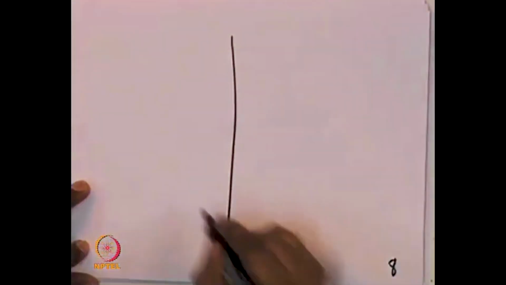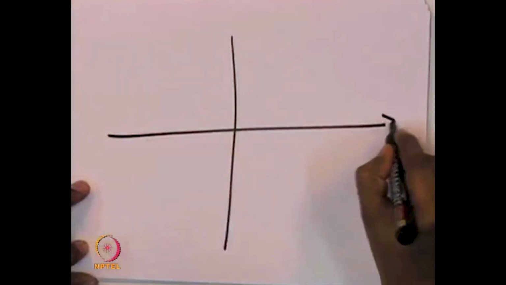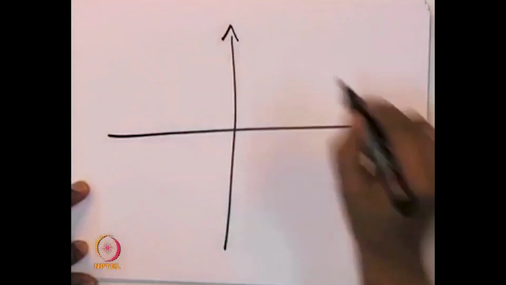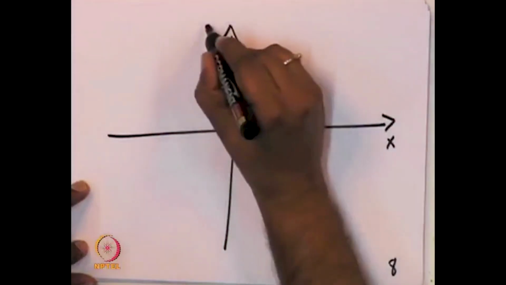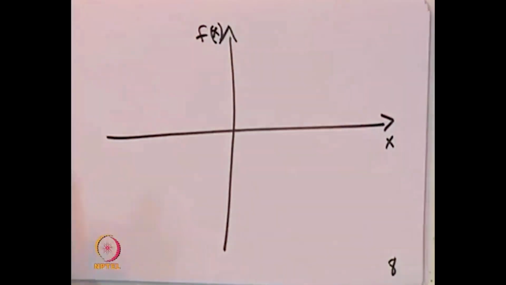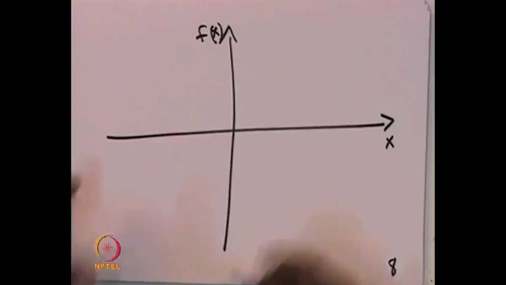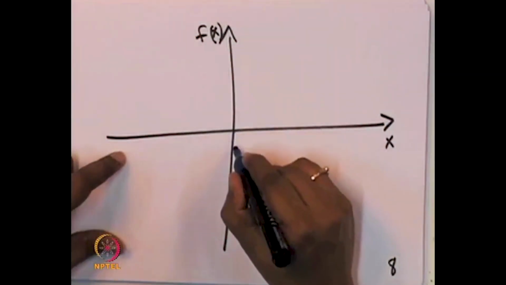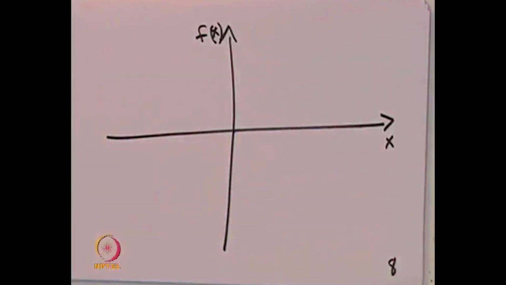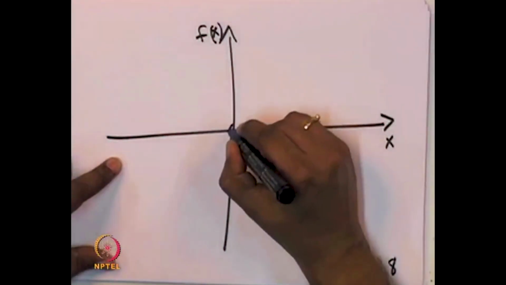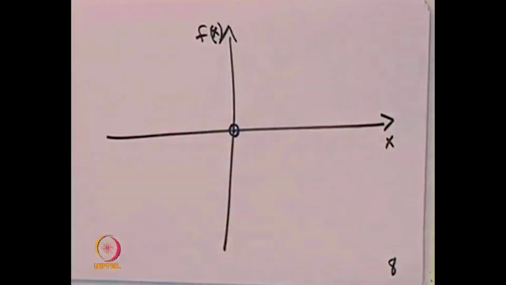So, let us plot. This is the x axis and this is f of x. We know one thing: at x equal to 0 the function is 0, so the function has to go through this particular value.